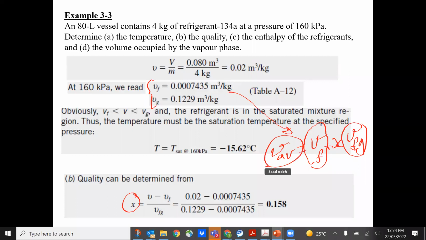V average I found from the top here. So the only unknown is X. I can solve this equation for X and find the value of X, which is 0.158. Clear?